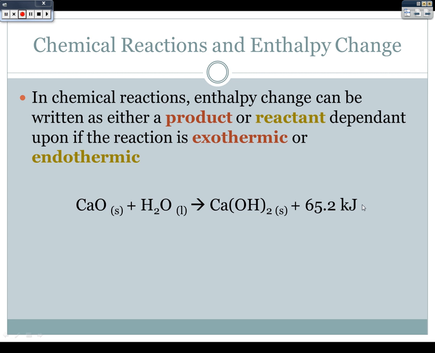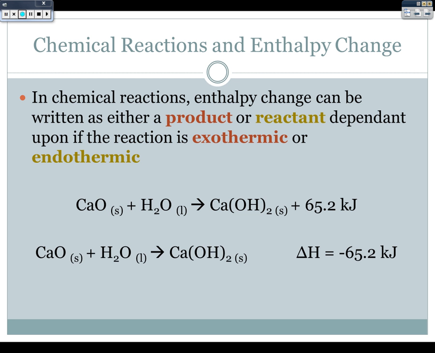Since it is a product, it's exothermic, which means that our delta H is going to be negative. So we can also write it as calcium oxide plus water making calcium hydroxide, with a delta H of negative 65.2 kilojoules. So if delta H is a product, it's an exothermic reaction, which means its delta H is negative. If it is a reactant, it's an endothermic reaction, and therefore the delta H is positive.